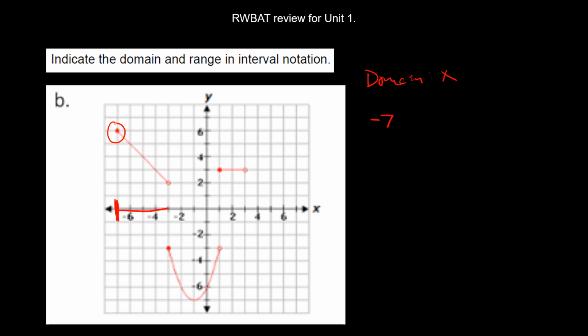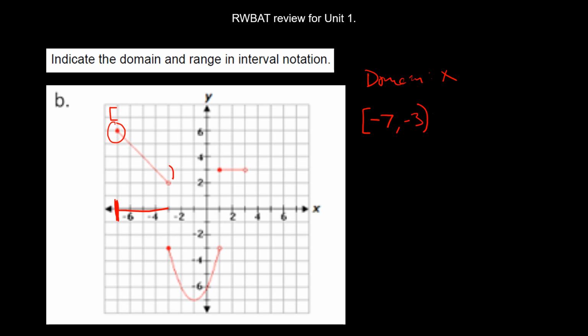We have this open point, closed point. So we could just talk about this first line. You're going from -7 to -3, and it would be bracket, parentheses, closed and open.